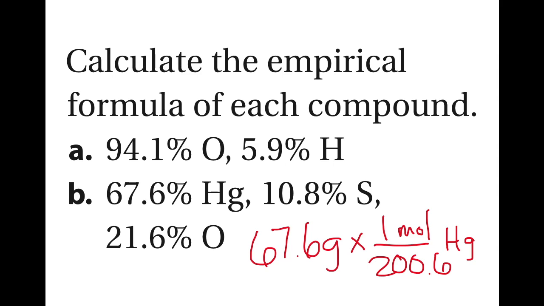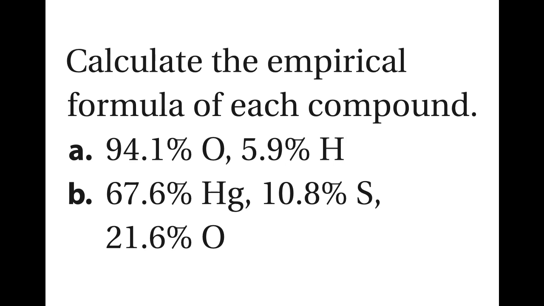When you do the math, you go 67.6 grams times 1 mole divided by 200.6. You get 0.337 because you have 3 significant figures. So 0.337 moles of mercury.